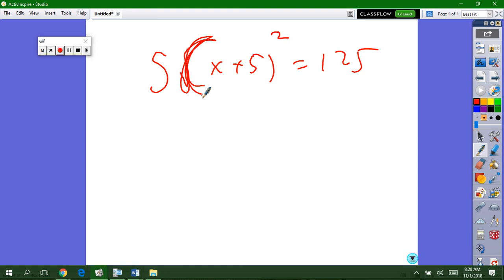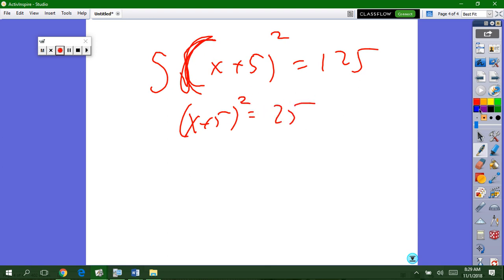What do we do first? You do, because you want to get whatever is squared by itself. If I even had a plus 3 here, I'd subtract the 3 first, divide by the 5. Everybody with me there? Get the something squared by itself. Okay, so now I'm at x plus 5 squared equals 25.